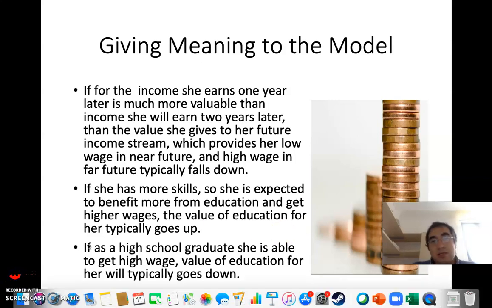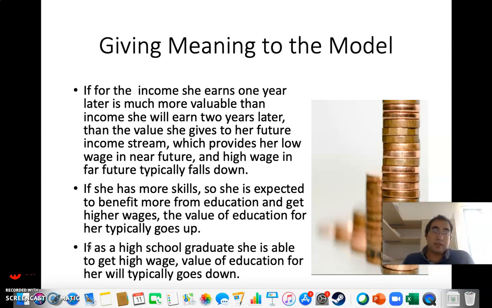This basically says, in a very complex case, actually I could erase this one. If that person is evaluating the income he earns 1 year later, since the guy is not able to earn income immediately, compared with the income she will earn 2 years later, basically in that case the person is valuing the income that could be earned immediately more.